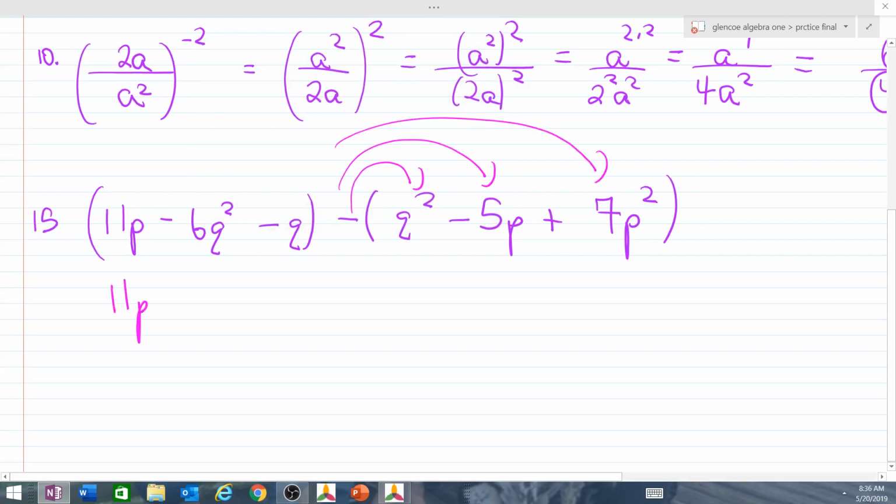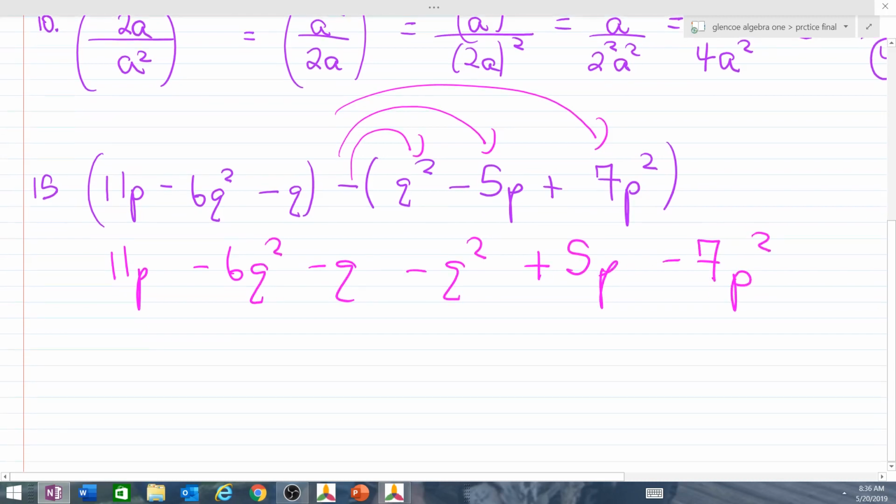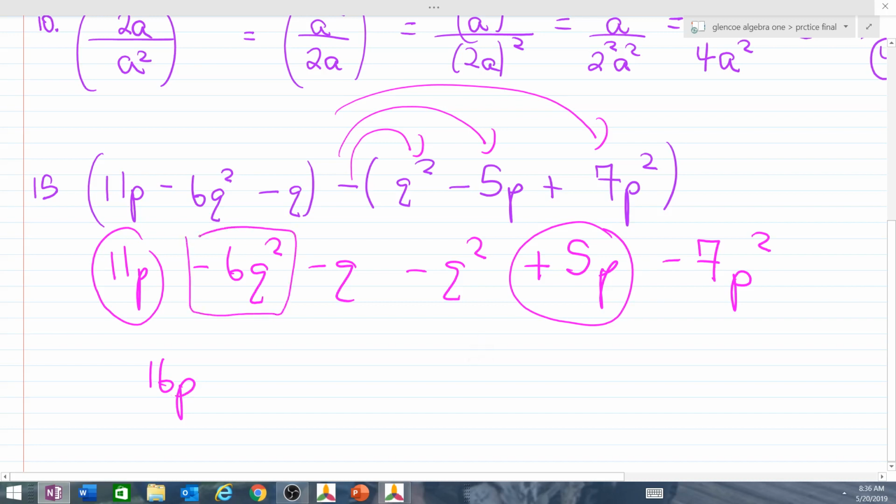So this is an 11p minus 6q squared minus q squared plus 5p minus 7p squared. Look for like terms. 11p plus 5p gives me a 16p. A negative 6q squared minus q squared is a minus 7q squared.